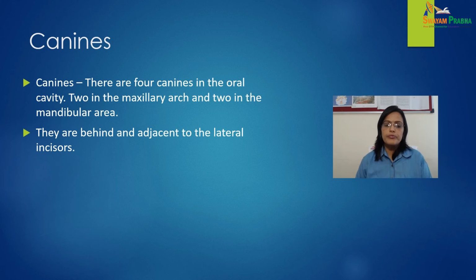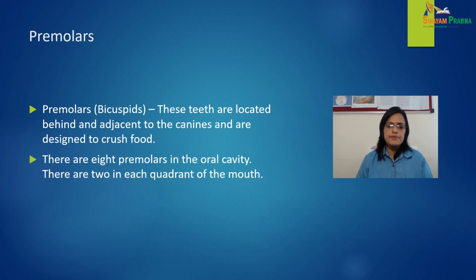The third type of teeth which we have is premolars. These teeth are located behind and adjacent to the canines and are designed to crush the food.